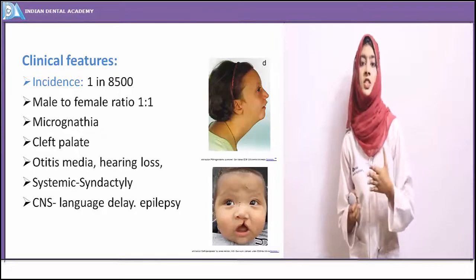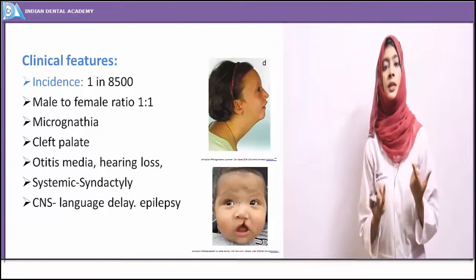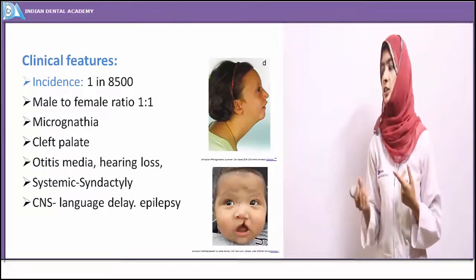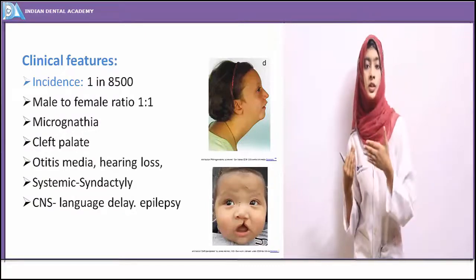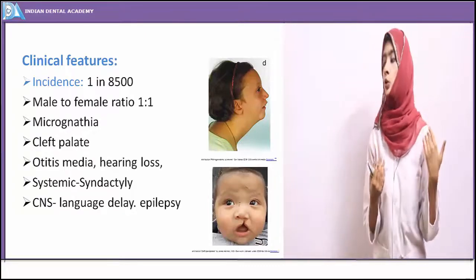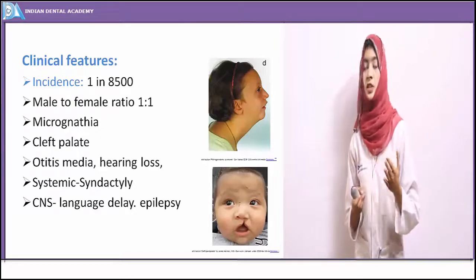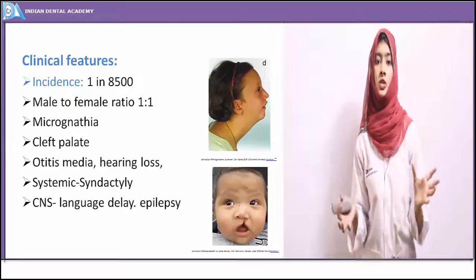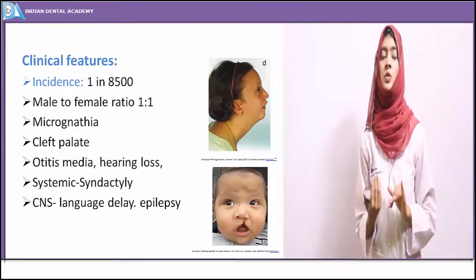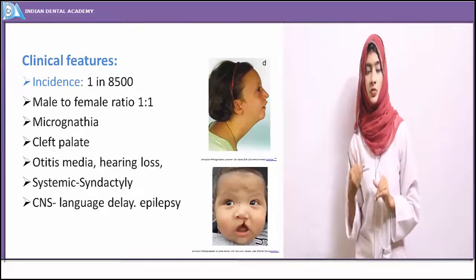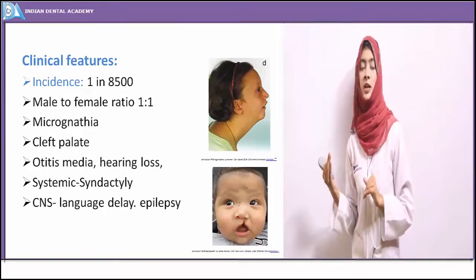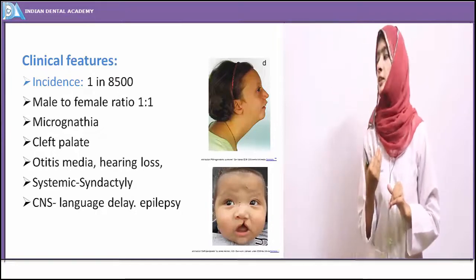The clinical features of Pierre-Robin are the occurrence of micrognathia, so the middle and lower third of the face appears retruded. Both males and females are equally affected, and the incidence of Pierre-Robin malformation is about 1 in 8,500.